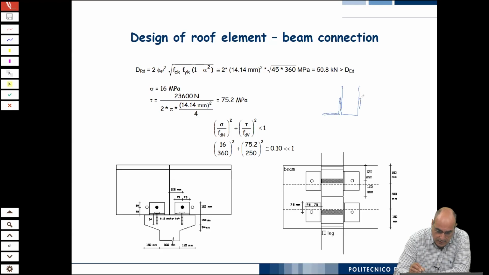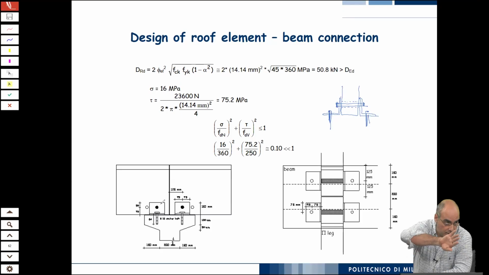We had 2 steel angles, and we had a dowel passing through. Obviously here we left a hole, and you had anchor bolts going here. So this was the detail of the connection, and here you see it in the side view.